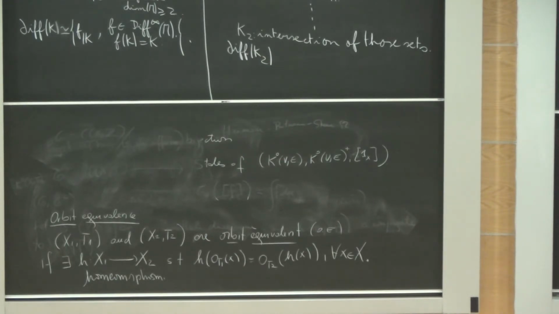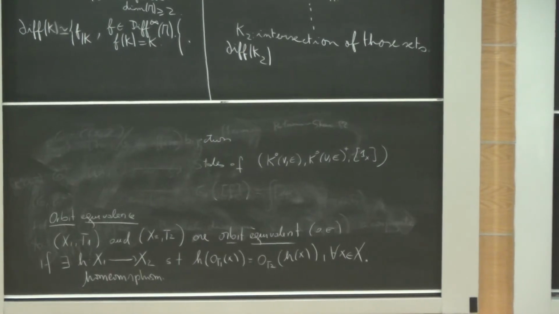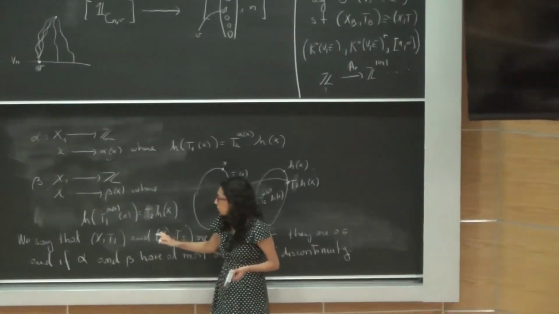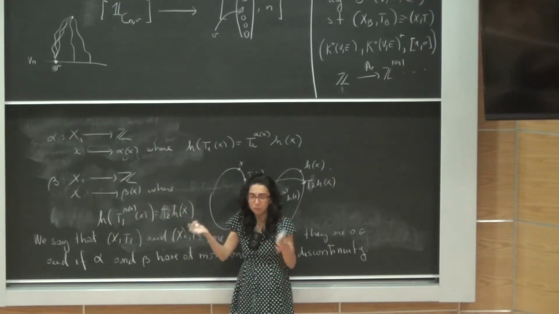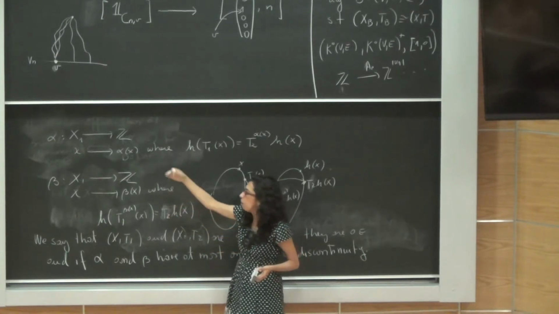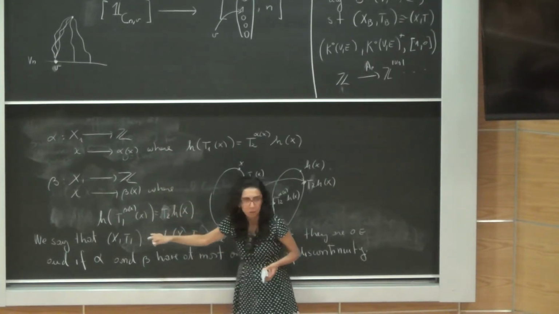So that means that T1 is conjugate to T2 or T2 minus 1. But you can have this intermediate situation. If there is only one point of discontinuity, you are in the strong orbit equivalent situation. And if you have more points of discontinuity, I'm going to show you what happens: you are orbit equivalent, but maybe not strong orbit equivalent.